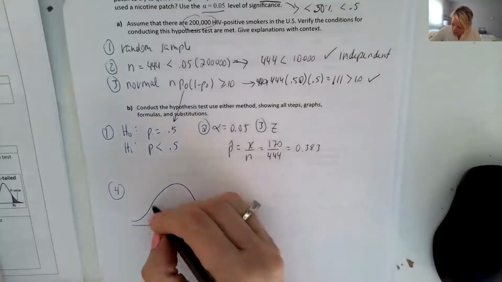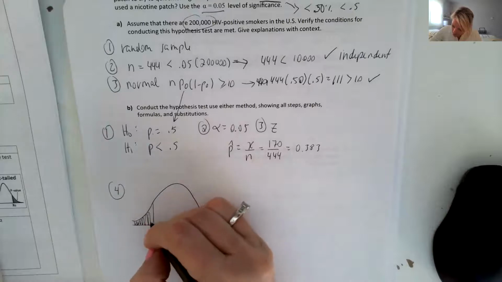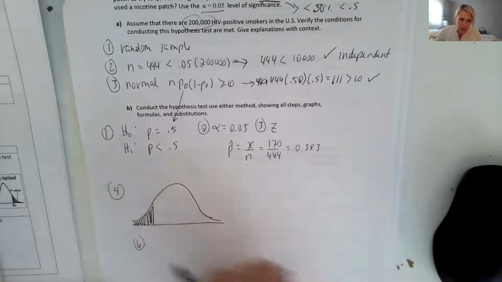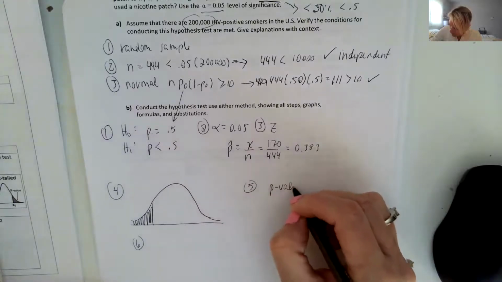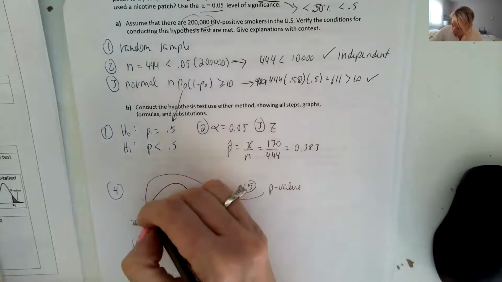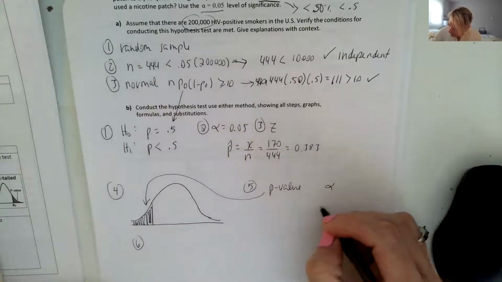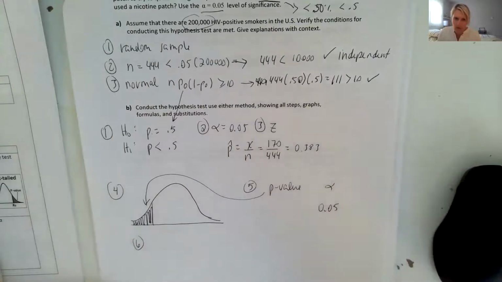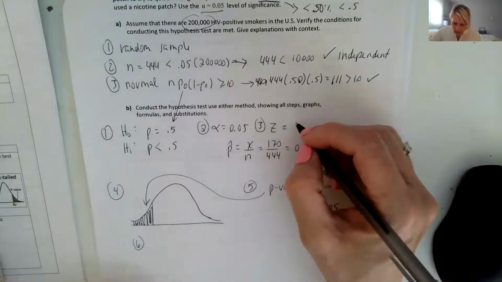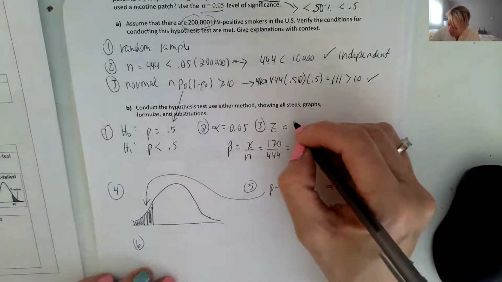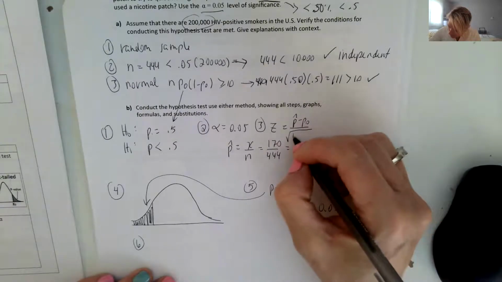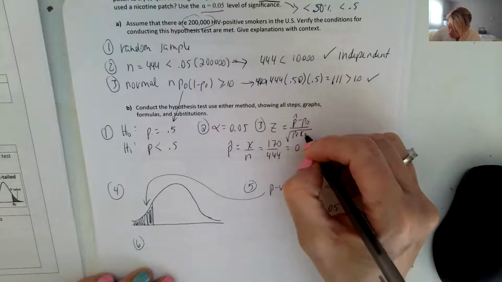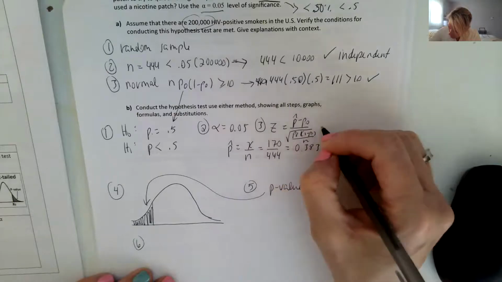And it's a less than, so our p-value is going to be on the left this time. And so in step 5, we're going to use our p-value, which is going to be right there, to compare to alpha of 0.05. So our z is that calculation of p hat minus p0 over the standard error, the square root of p0 times 1 minus p0 over n.